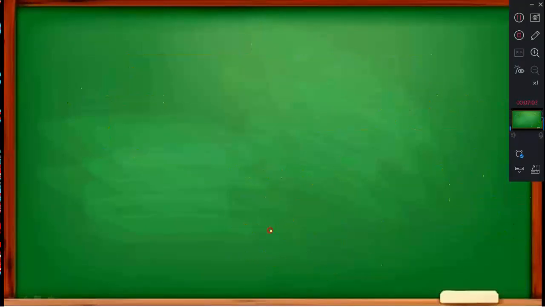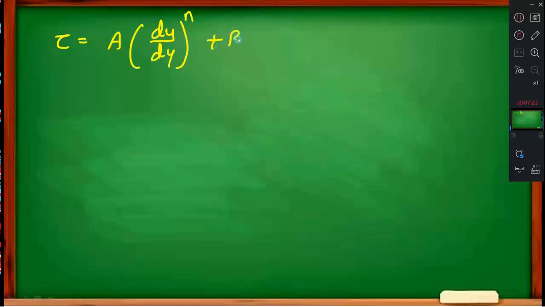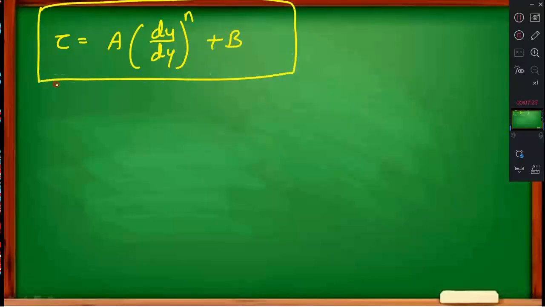Okay, now one by one. In general, before Newton, we had an equation: tau is equal to A into (du by dy) to the power n plus B. Newton made it very easy.